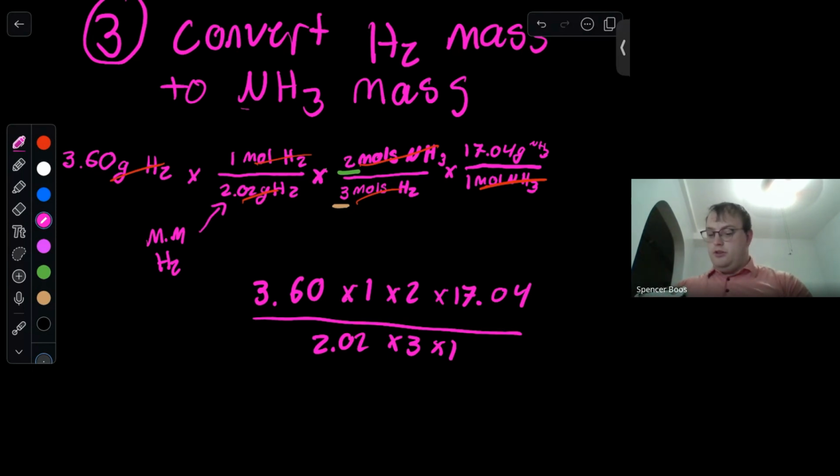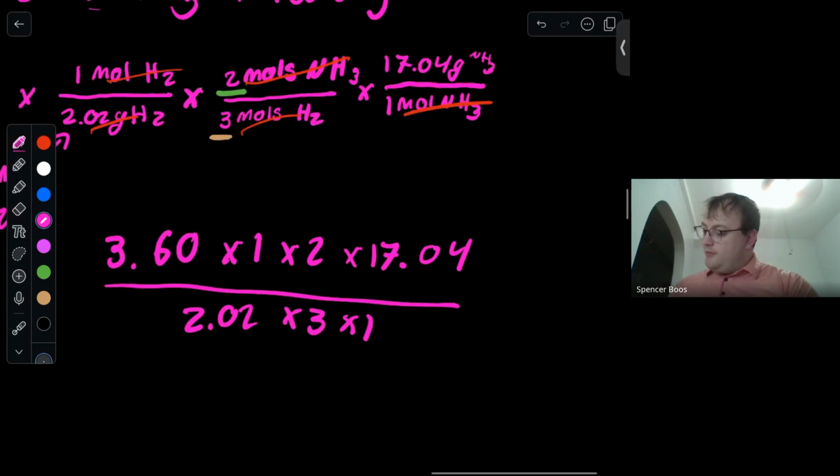We go ahead and do 3.60 times 1 times 2 times 17.04 divided by the quantity 2.02 times 3 times 1. And I get equal to 20.2 grams of NH3.